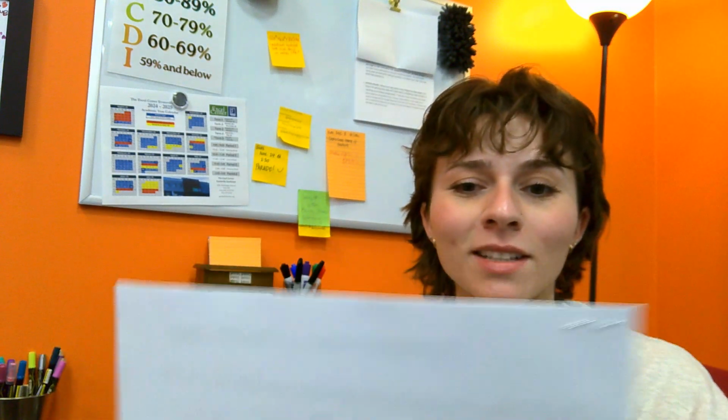We're going to be quizzing over Unit 1, and that includes our measurements of line segments, of angles, solving for x with angles, and also using the midpoint formula and the distance formula. So I am going to walk you through that now.